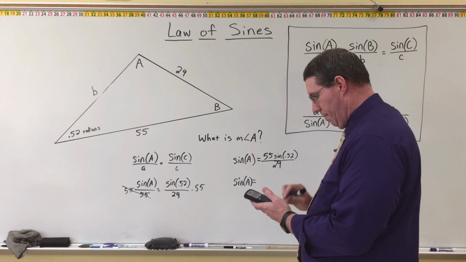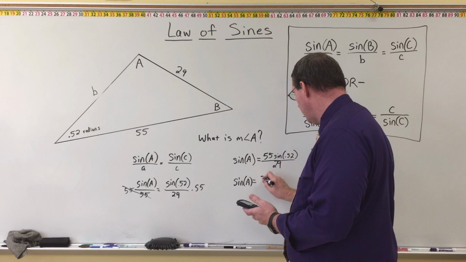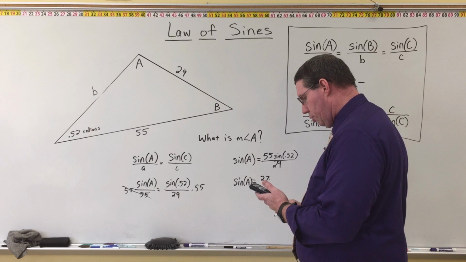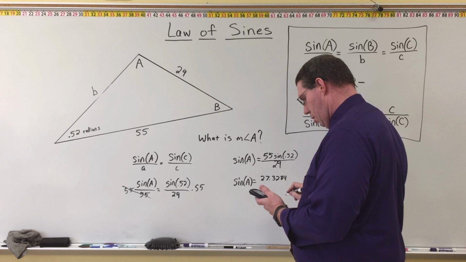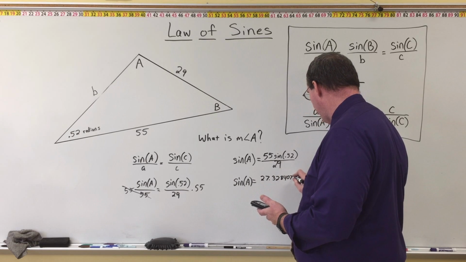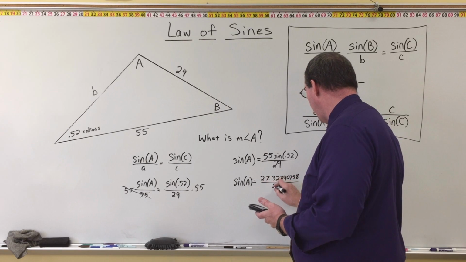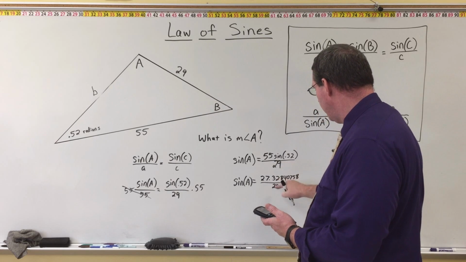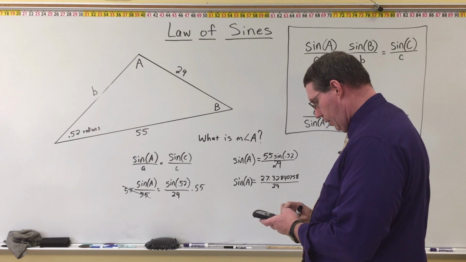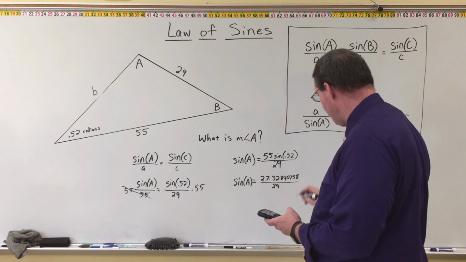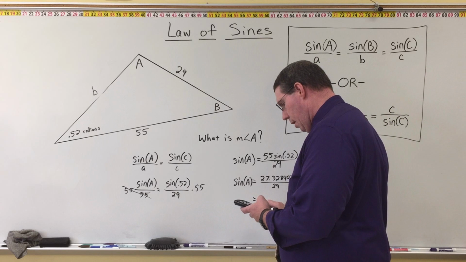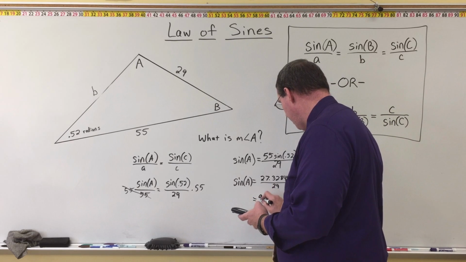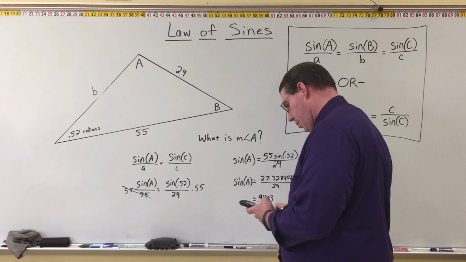I'm in radian mode. That gives me 27.3284758. Now I'm going to divide this number by 29, and that gives me 0.9423589.